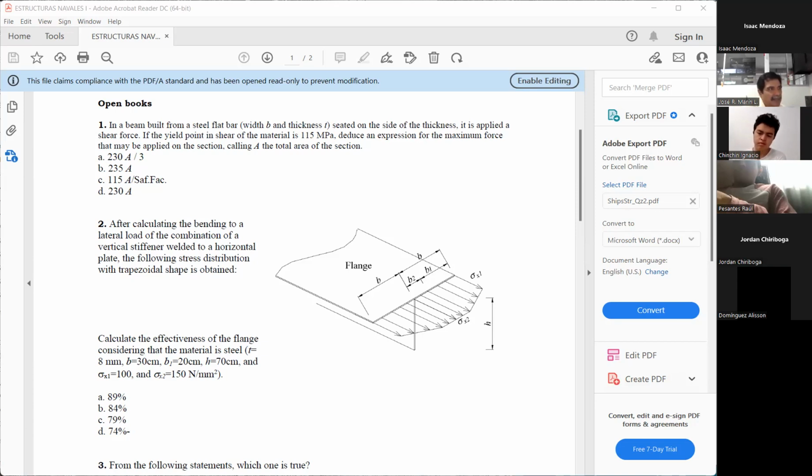Why didn't you do it correctly? Did you misunderstand something? In the quiz, I thought the normal correction stress was 100 because it's in the position of normal stress x1 in the graphic of the Shipstruck notes. It was there. Okay.